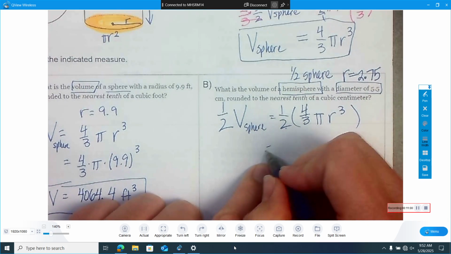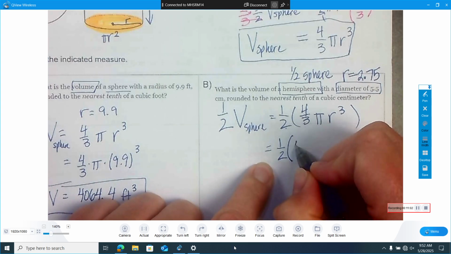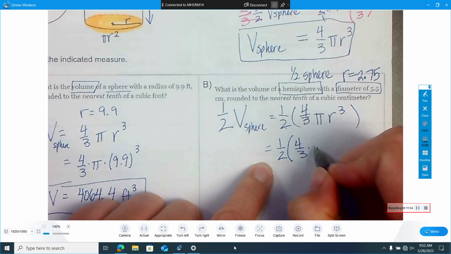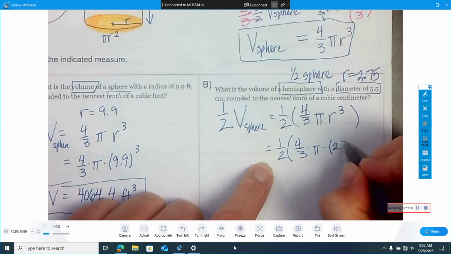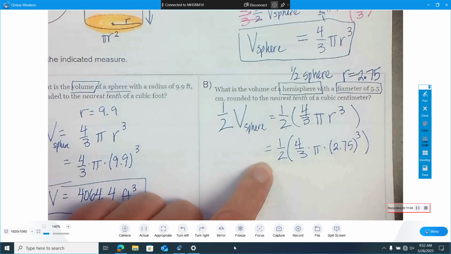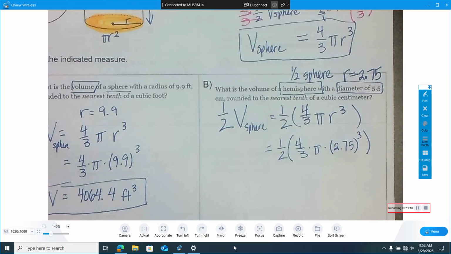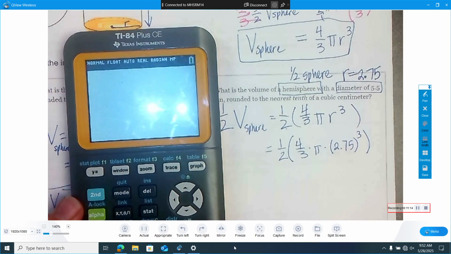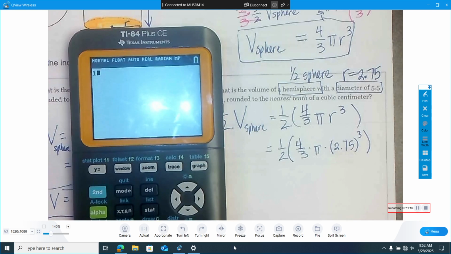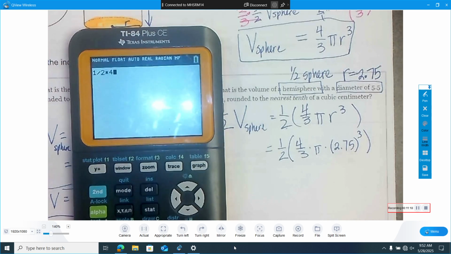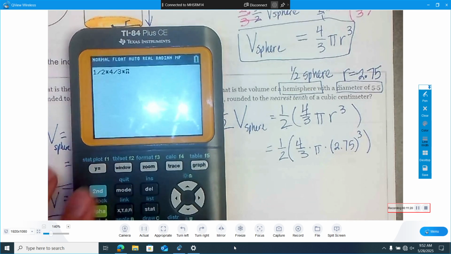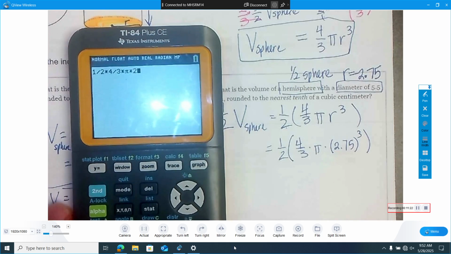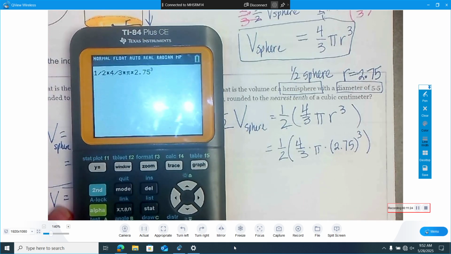All right, and so we want to just do half of 4/3 times pi times our radius cubed.